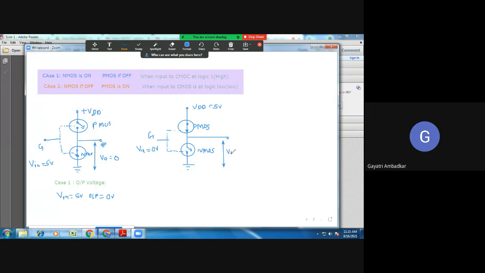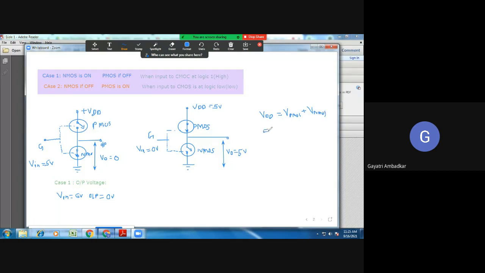This is VO. So how much will be VO now? So this is a closed switch. So you know across closed switch voltage equal to 0. So if you apply KVL in this loop, what will you get? VDD is equal to voltage across PMOS plus voltage across NMOS, right?